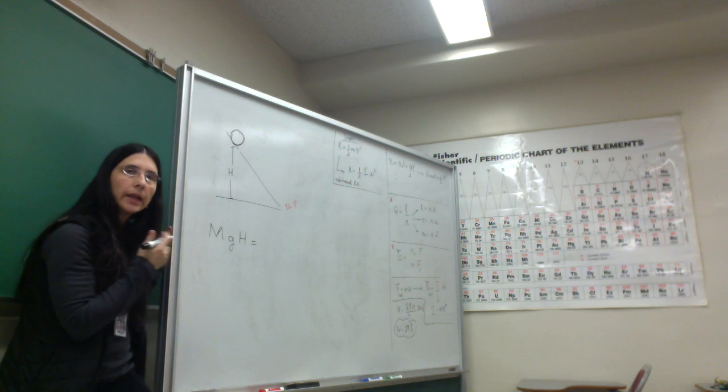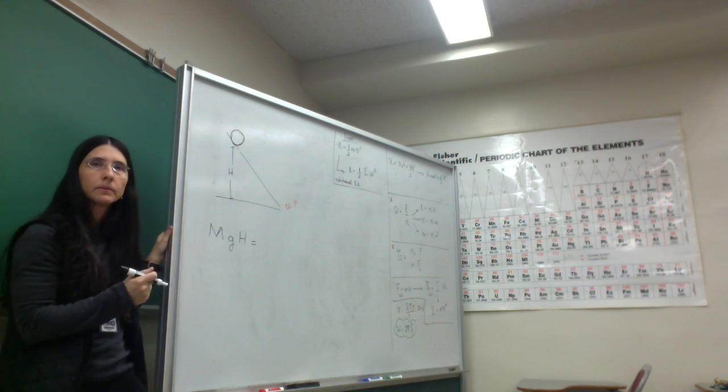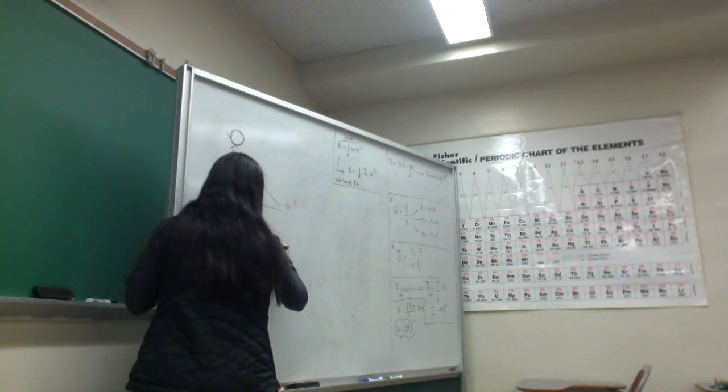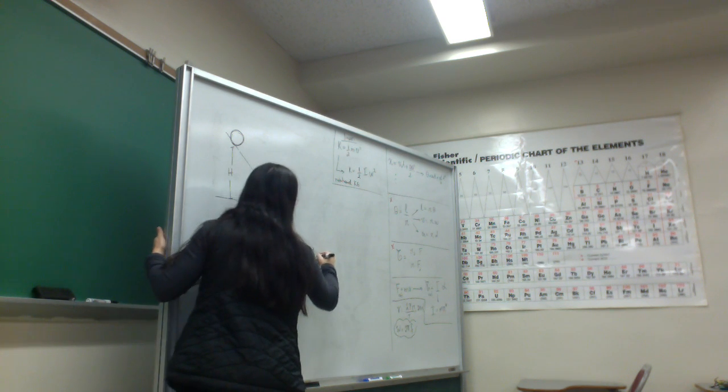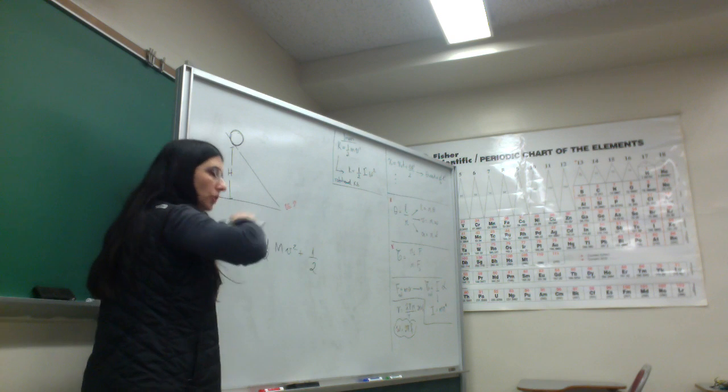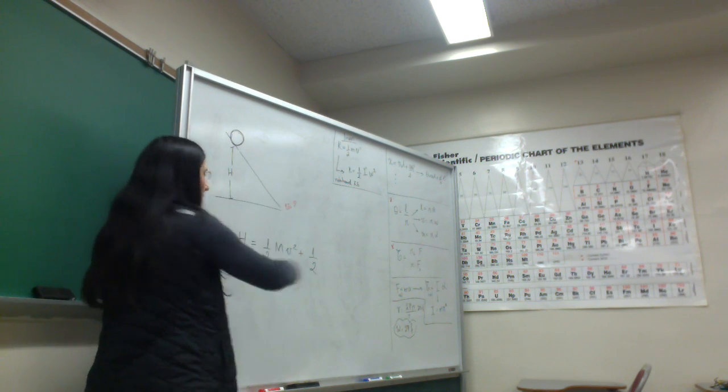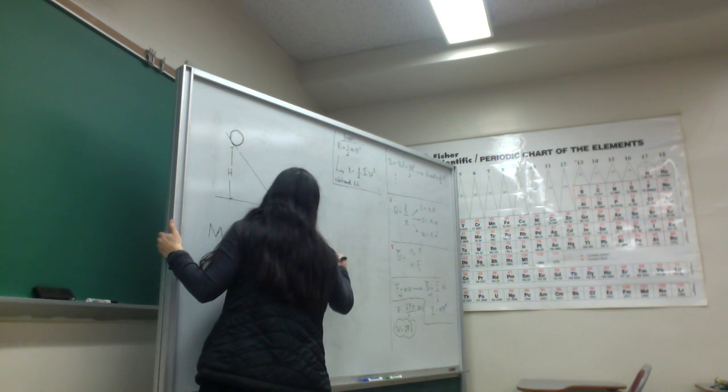What should we write for kinetic? We need 1/2 mv squared plus 1/2 moment of inertia times omega squared, because we are rolling. It's not just translating, we are rotating also, so we have the combination of both.